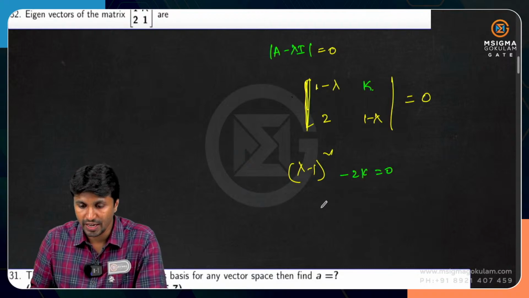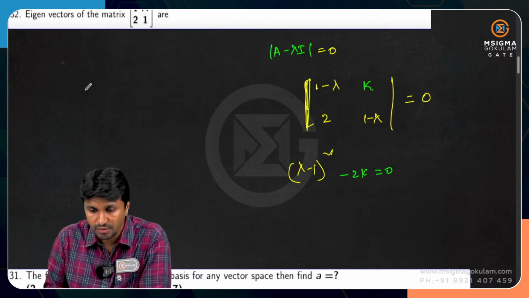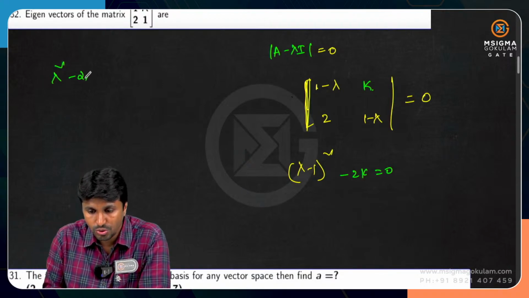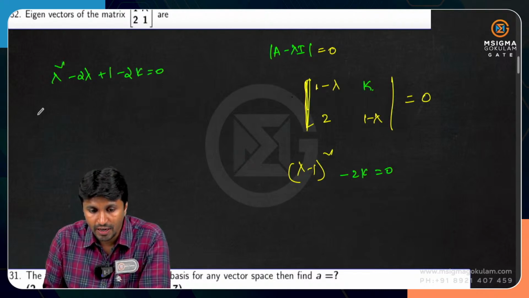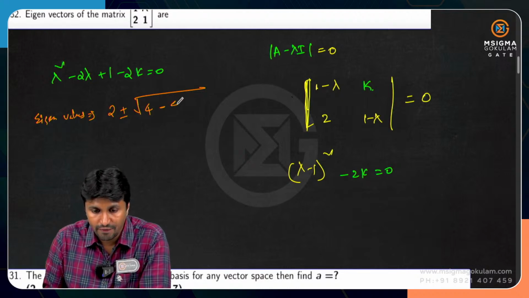So what are the eigenvalues that you get? This is nothing but lambda square minus 2 lambda plus 1 minus 2k is equal to 0. So therefore eigenvalues are equal to minus b plus or minus square root of b square minus 4ac, which is 4 into 1 minus 2k, divided by 2.